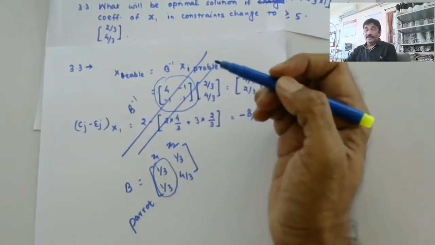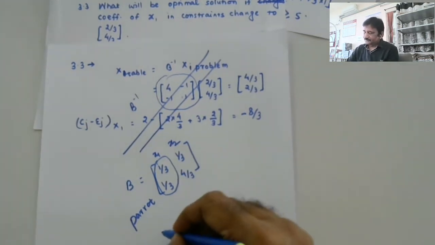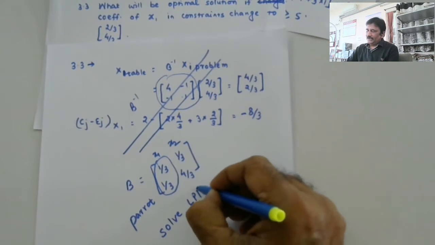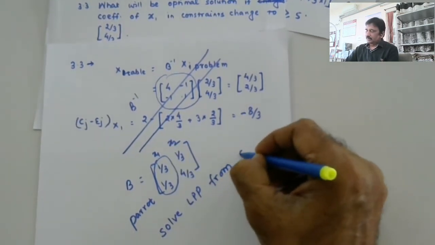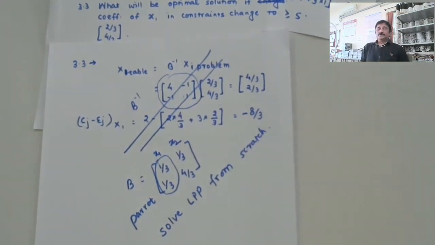You will have to find B inverse new, or you will have to solve this problem from scratch. Solve LPP from scratch, right? You will be solving LPP right from scratch.